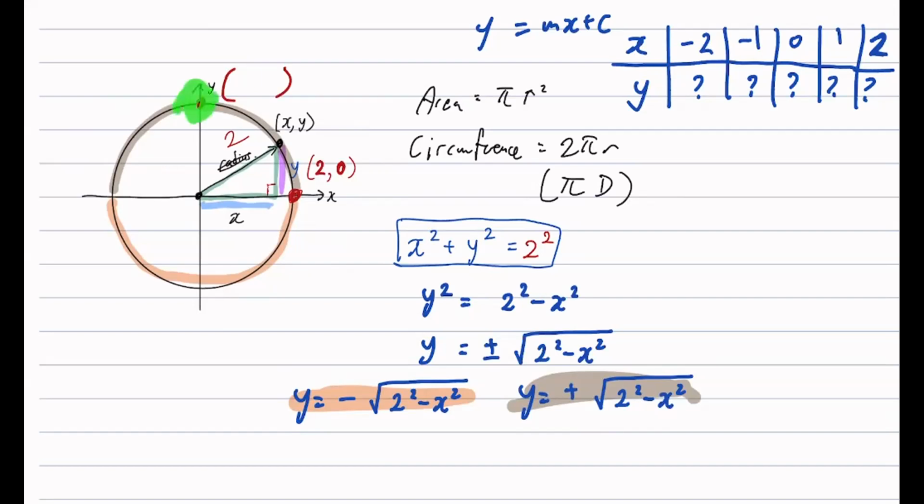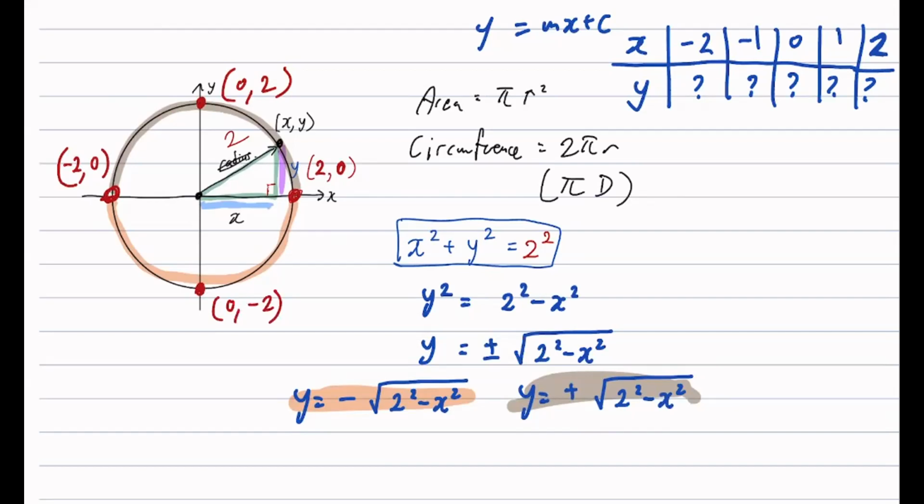How about this point here at the top? 0, 2. Then the next point here. -2, 0. Very good. Then this bottom point, 0, -2. Very good. Okay, so now that's the equation of a circle.